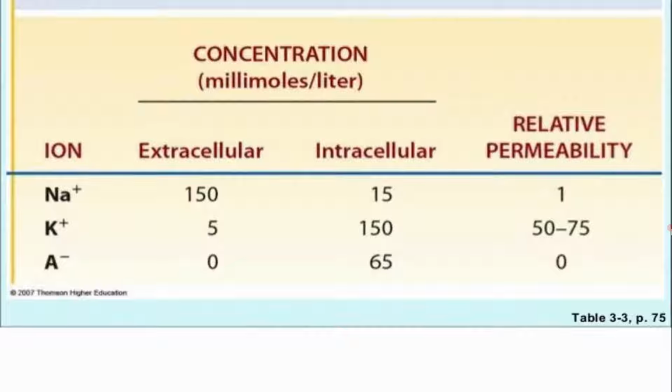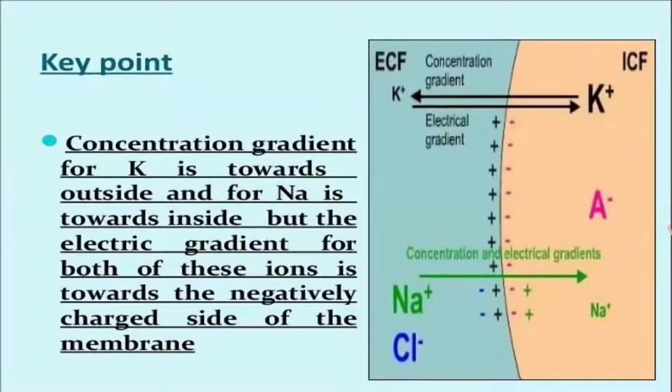So inside is protein, one anion, which is impermeable to the membrane. So we have learned one point, that is, the distribution of different ions across the cell and permeability of different ions across the cell. This is one of the factors responsible for the genesis of resting membrane potential.